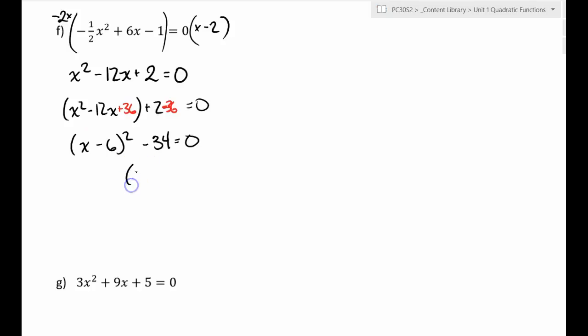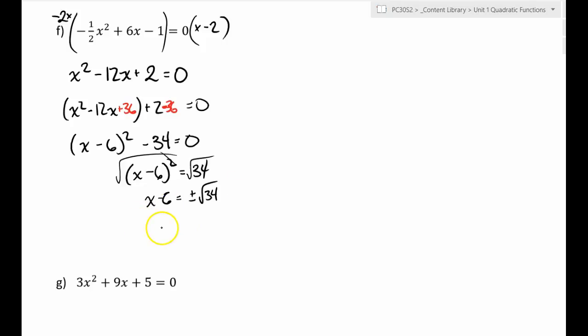Again, isolating my squared term is the next step. And then taking the square root. Plus or minus the root of 34. And there are no perfect squares that go into that one, I don't believe. Nope.